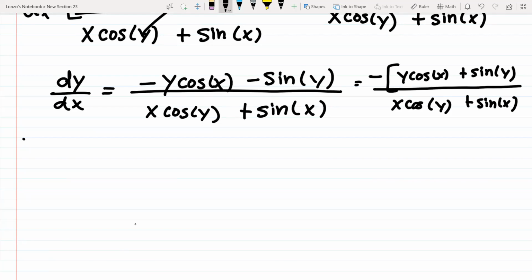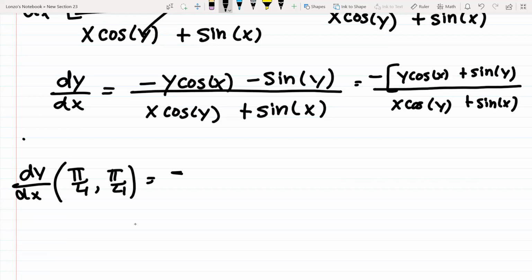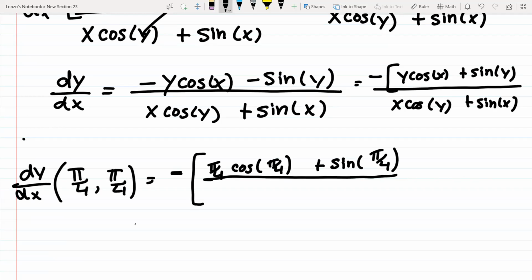And then what you could do is plug in the point. So dy dx at the point pi over 4 comma pi over 4 would be minus, and then my y value is pi over 4, times cosine of pi over 4 plus sine of pi over 4, and then the denominator would be pi over 4 times cosine of pi over 4 plus sine.